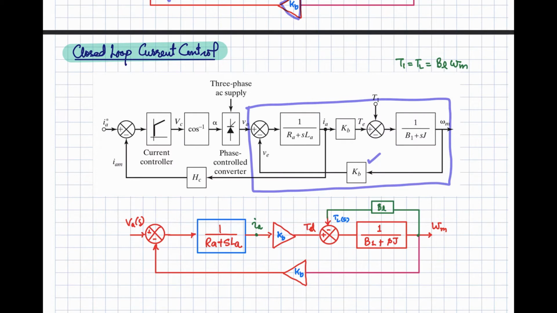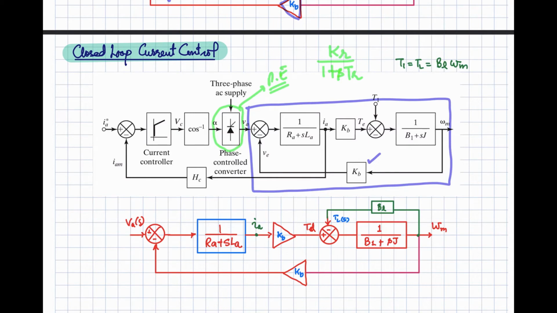Now let's suppose that we want to control the current. So here you can see the phase control converter, the power electronic converter, and we have seen its transfer function in the last video. It can be written as KR over 1 plus sTR, where TR is the delay because of this converter.